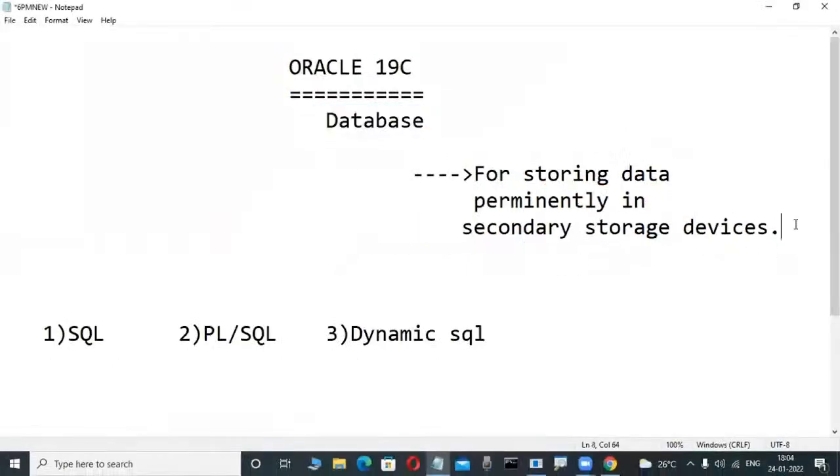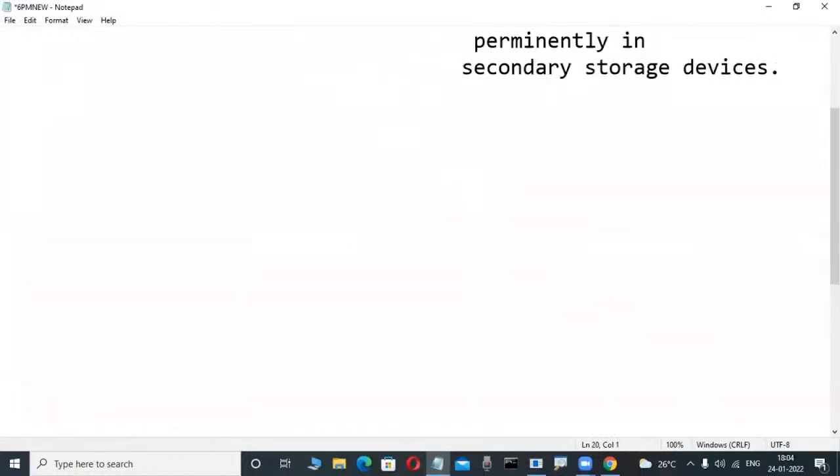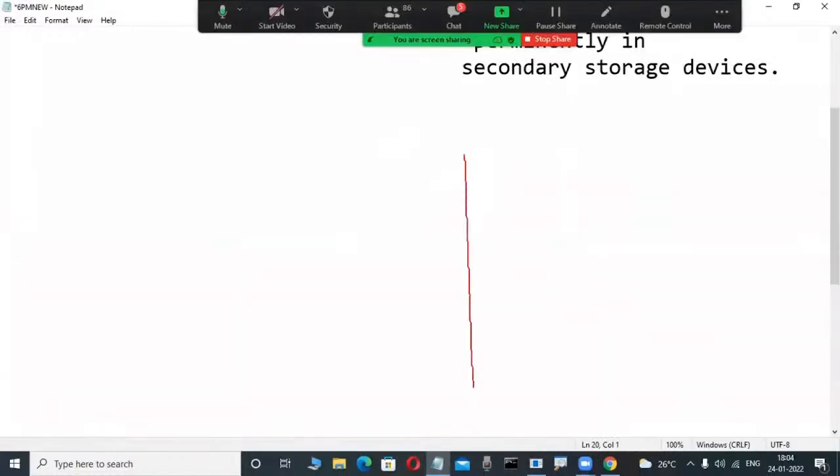But unfortunately, as I said in previous classes, observe slowly here: a database is a place. Whenever we install Oracle, SQL Server, DB2, these type of databases in our system, automatically one place is created.